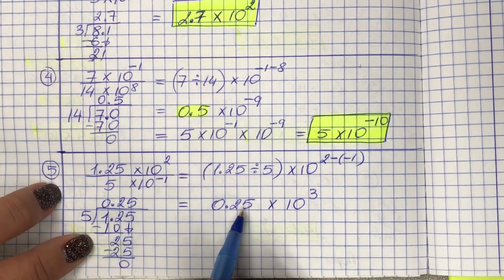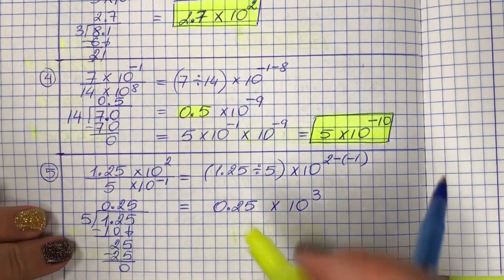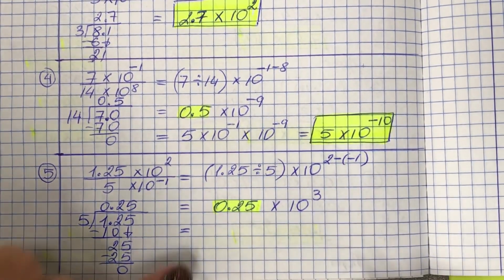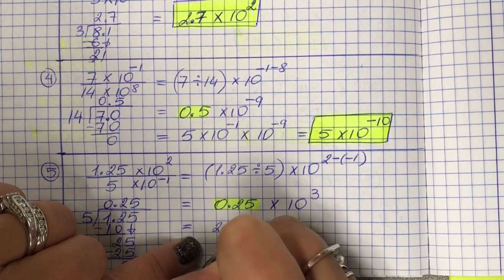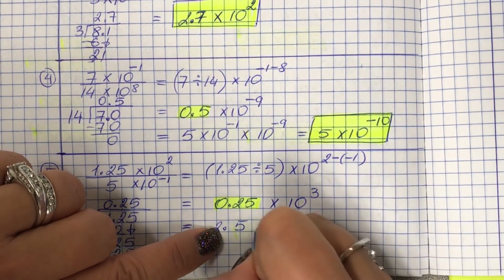Then we check for the step 3. We have to make sure that our answer is in proper scientific notation, and this is not, so we have to change 0.25 into 2.5 with 2 first significant digit being in a tens place.